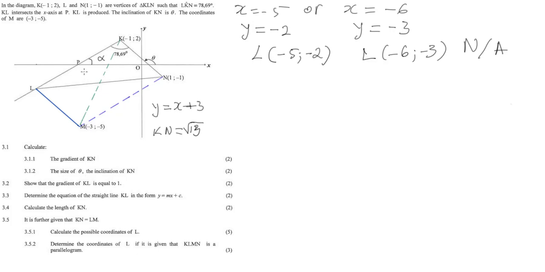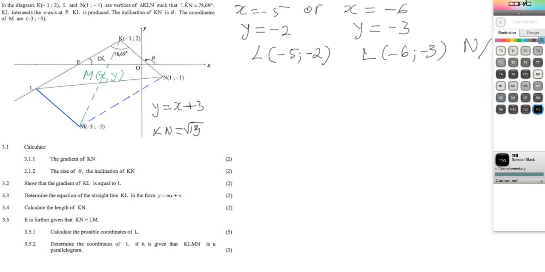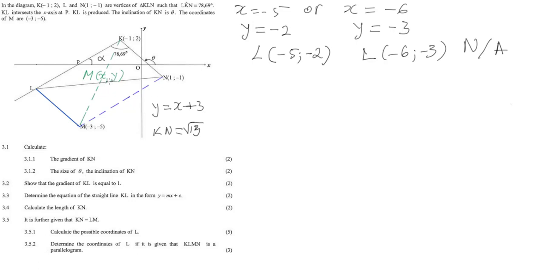Then we'll have the point M, which is the X and the Y, the midpoint of KM, and the same midpoint for LN. So remember the formula of a midpoint, okay? This will be known, this will be known, and this is not known, so we can find this point easily.